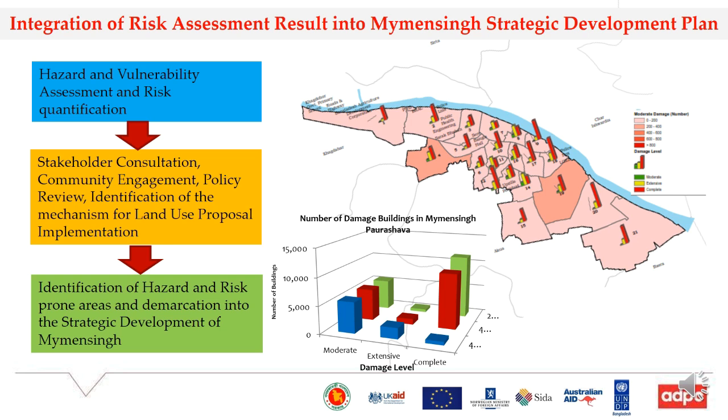Then stakeholders were consulted with community engagement, policy review, and identification of the mechanism for land use proposal implementation. Finally, identification of hazard and risk-prone areas and demarcation into the strategic development plan of Mymensingh has been completed. This has been accepted by the government, was co-developed with the government institutes, and is being implemented and mainstreamed in the city.